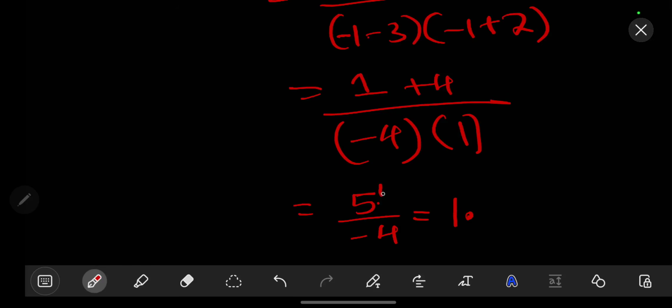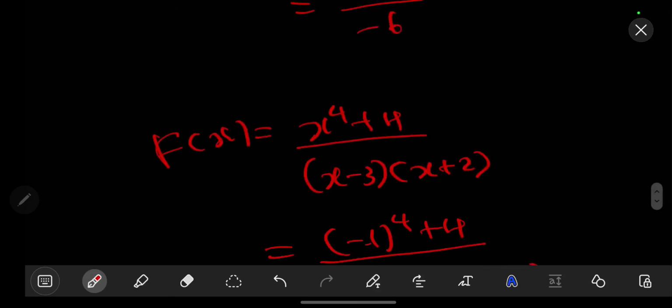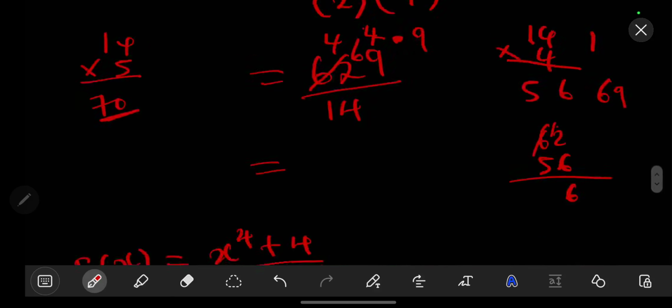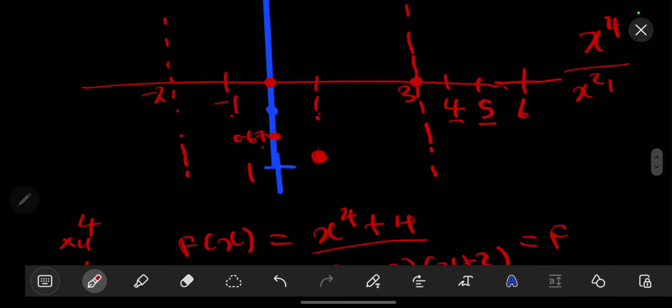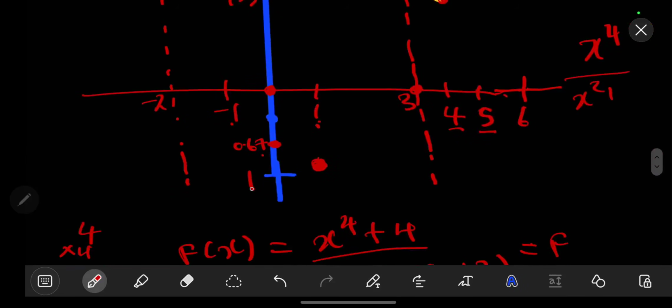Remainder is 1. We add a 0. 10 divided by 4 is a 2. Remainder is a 2. Then we add a 0. 20 divided by 4 will give us a 5. So negative 1 on the other hand, it's giving us 1.25. So a coordinate somewhere here.